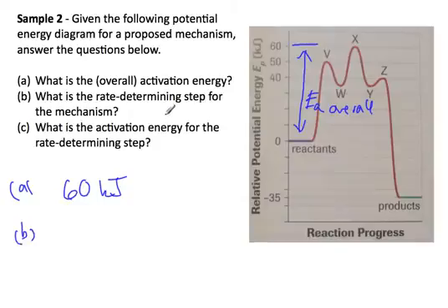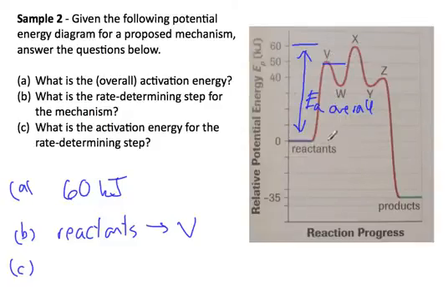What is the rate determining step for the mechanism? Well, the rate determining step is this step. The rate determining step, remember, is the step with the highest overall activation energy. And in this case, that's from the reactants to V. So reactants to V is the rate determining step, and the activation energy for the rate determining step is a little different.